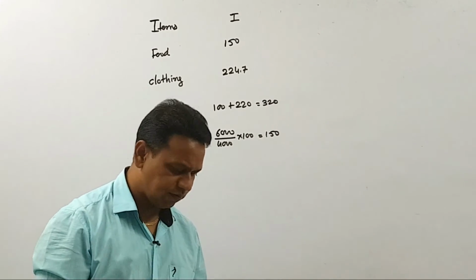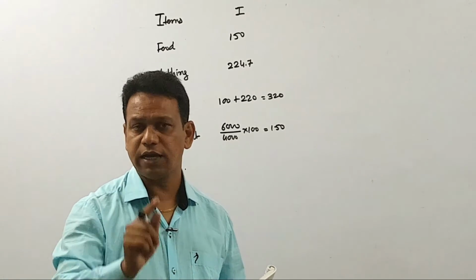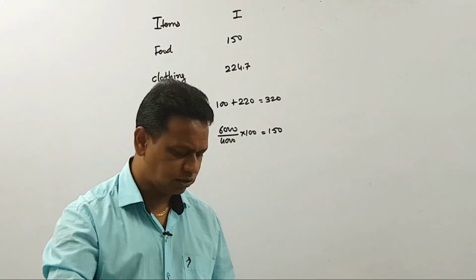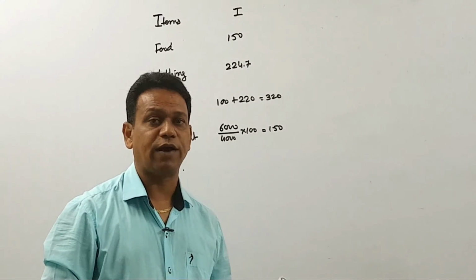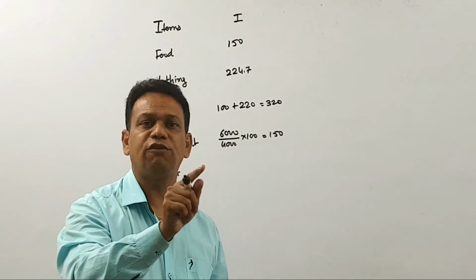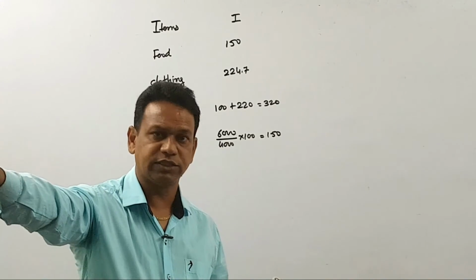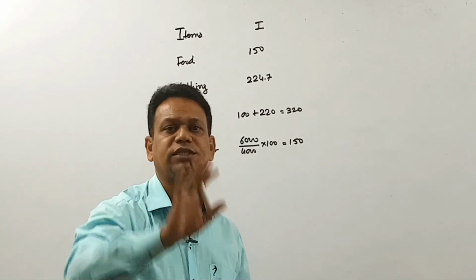Okay, then what have they given? And miscellaneous expenses increased, my dear friends. Again the word is there. Increased 1.75 times. So first of all we have to find out the times value. 1.75 times, that means what? 100 is your base index number. You have to multiply this amount with 1.75.